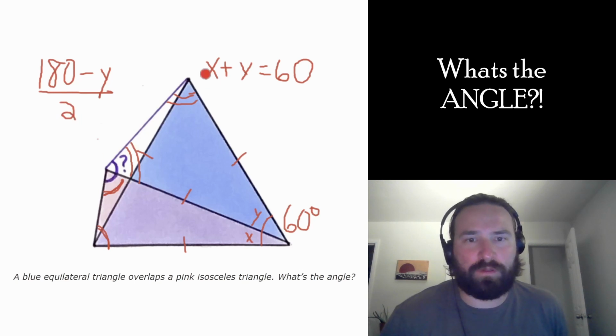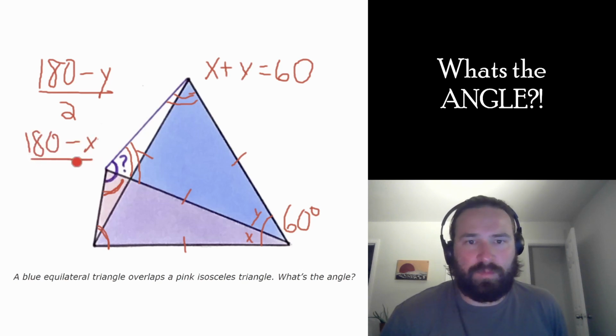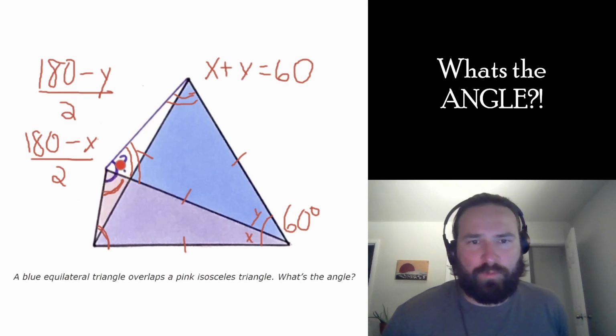So each one of those is going to equal this relationship right here, and we can make the exact same relationship for this other base angle, but using x, because 180 minus x divided by 2 is going to give us this one right here. So now we have a way to represent both of these angles.